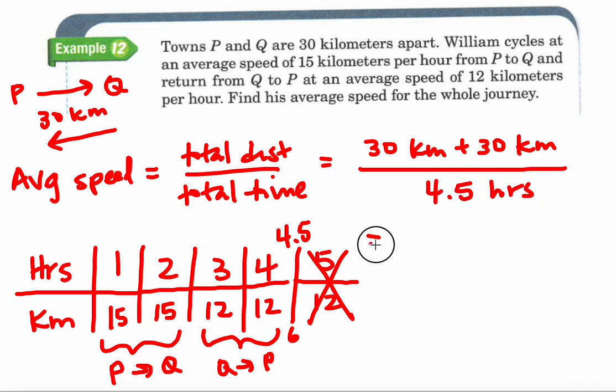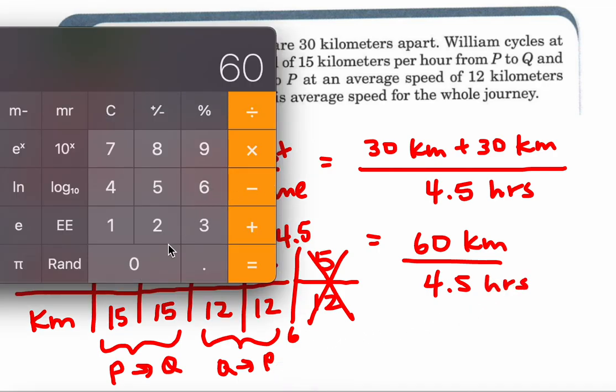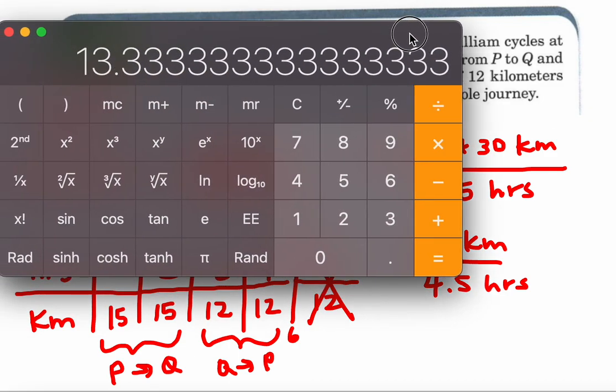Okay, and that's using my table. You could solve for that in any way that you find fit. Okay, so we have really 60 kilometers divided by 4.5 hours. So 60 divided by 4.5. Ugh, that's going to be a fraction.